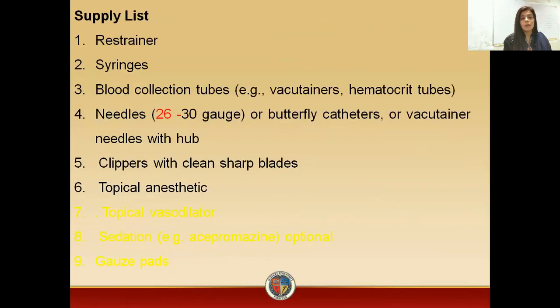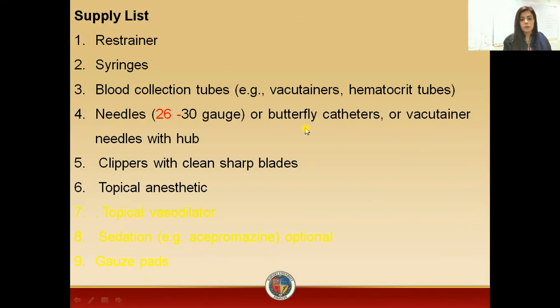Now, what is the supply list? What are the equipment or the apparatus required during the experiment? These are the restrainers. You may call it a rabbit holder. If a restrainer or rabbit holder is not available, you can use a towel in order to wrap the rabbit, to grip the rabbit properly. You need syringes with needles ranging from 26 to 30 gauge.